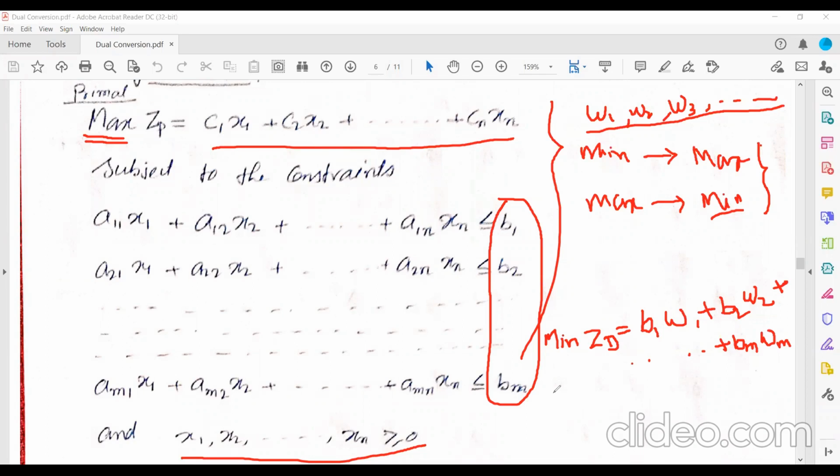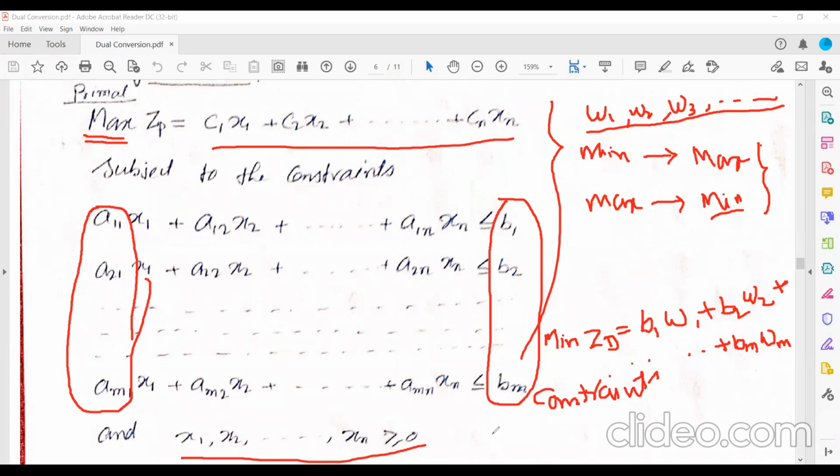Now next, the constraints. Here you need to take this first column, whose coefficients are the coefficients of the first constraint.